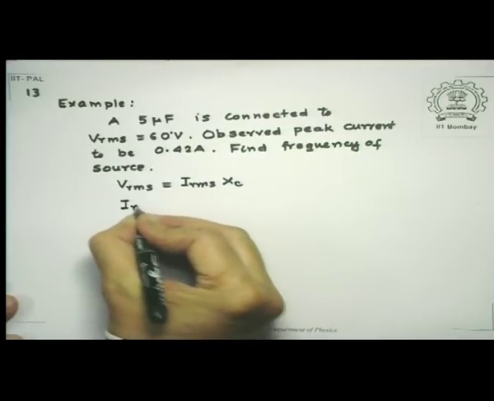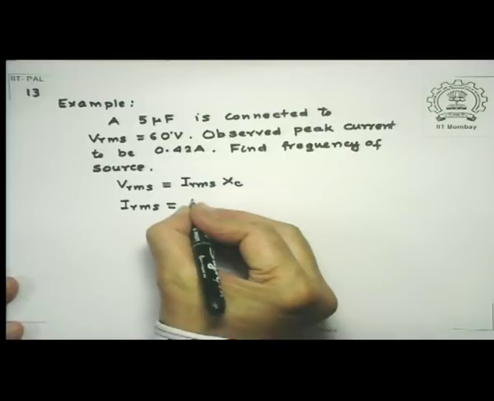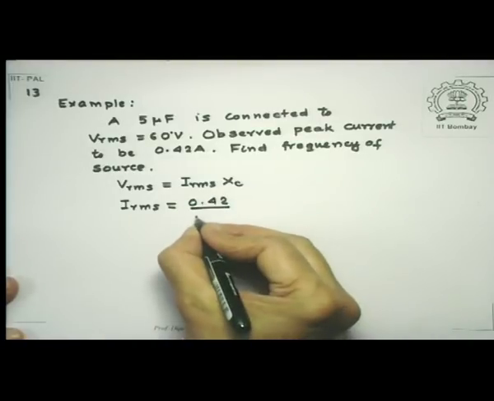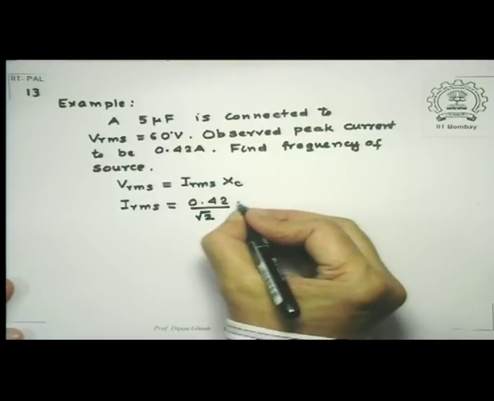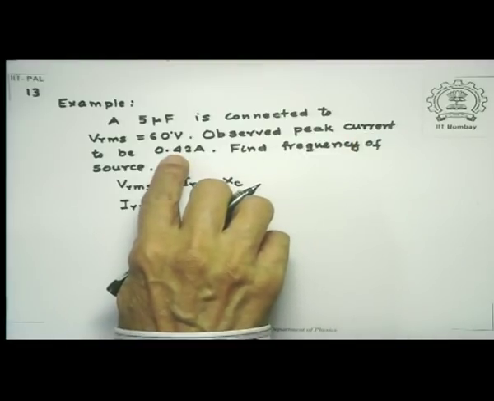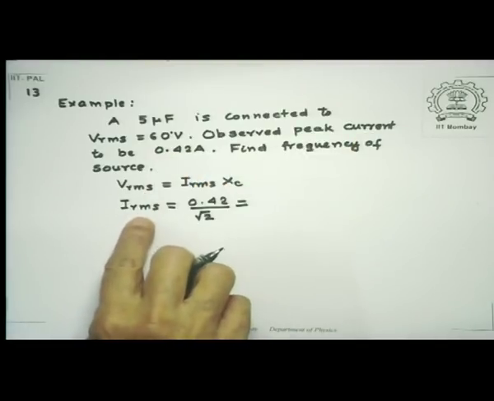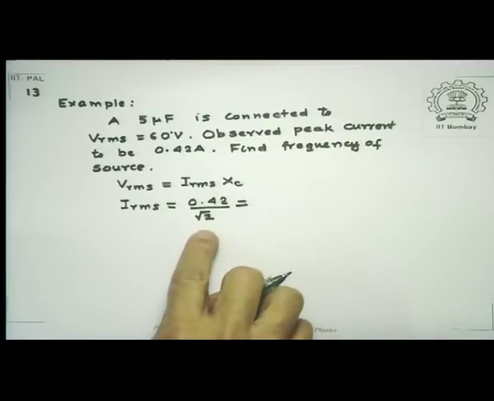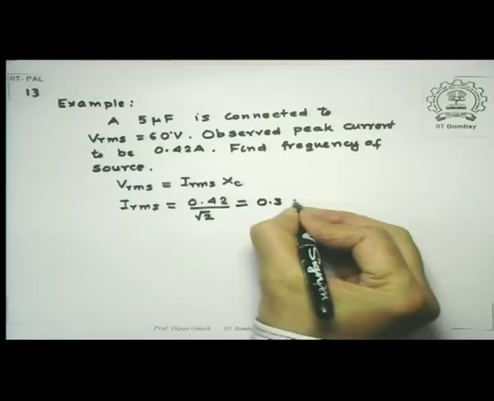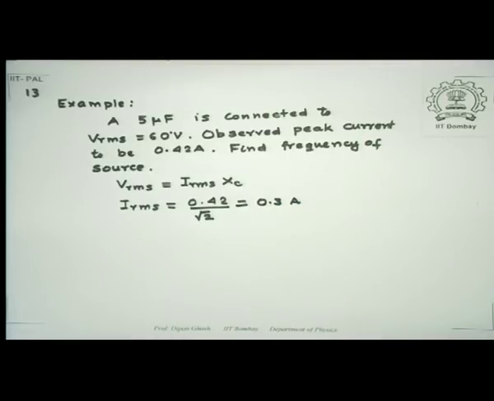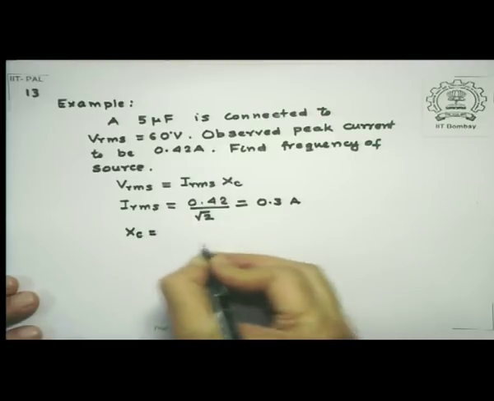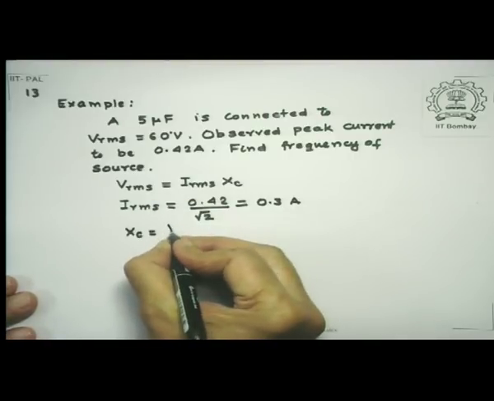Irms is equal to 0.42 divided by square root of 2, because I have been given that the peak current is 0.42. So the RMS value is obtained by dividing it by square root of 2, and that is approximately 0.3 amperes. And my XC then is Vrms by Irms.